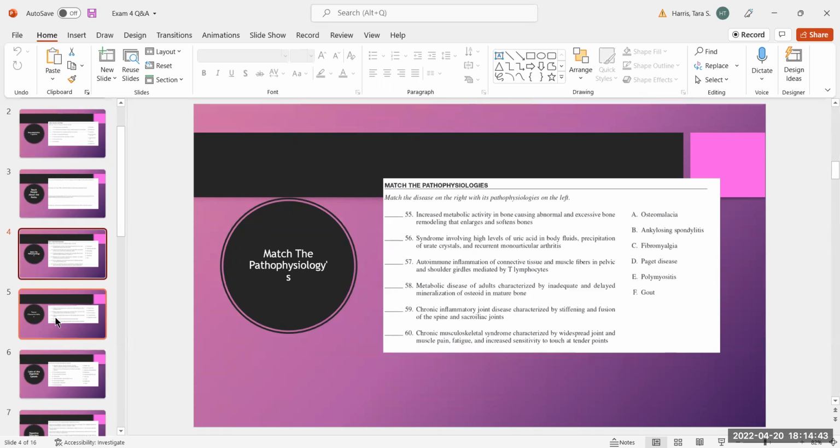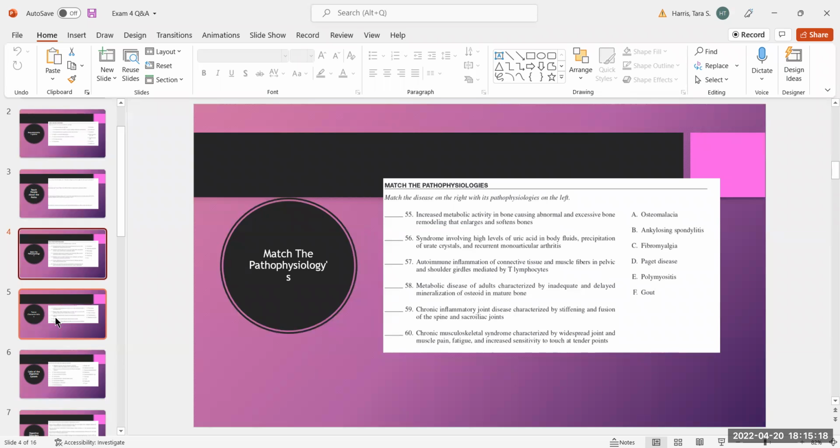All right, so as far as the disease process, this one is increased metabolic activity in bone causing abnormal and excessive bone remodeling that enlarges and softens bones.